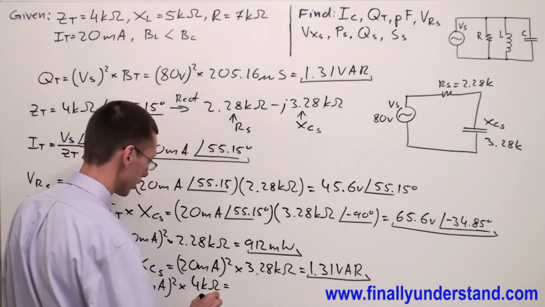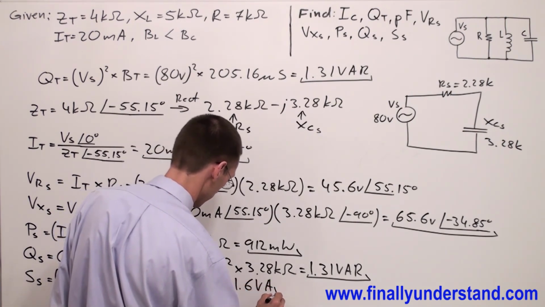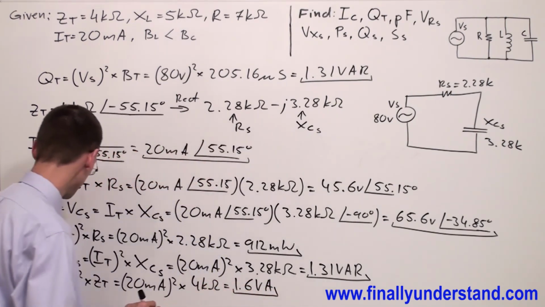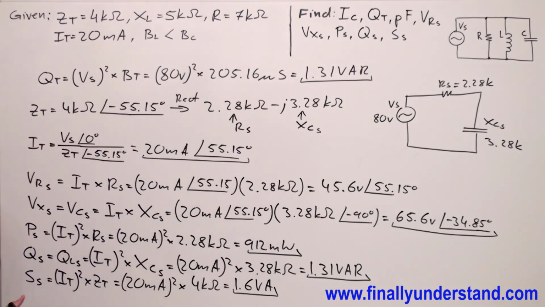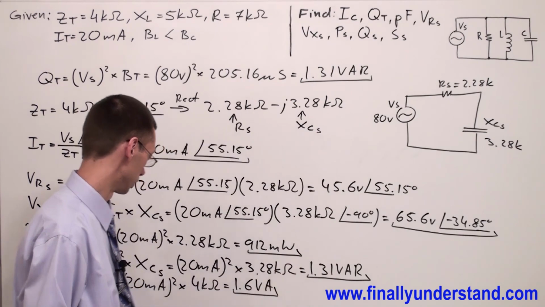This is equal to 1.6 volt amp. So I found the true power, I found the reactive power, but please notice that we also calculated the reactive power for the parallel circuit, and these two values are identical, so it means we are doing fine.